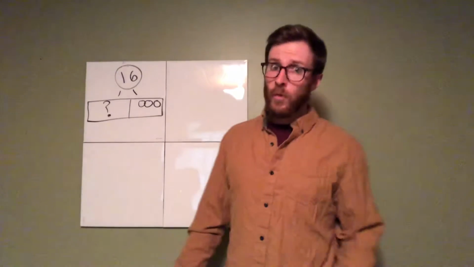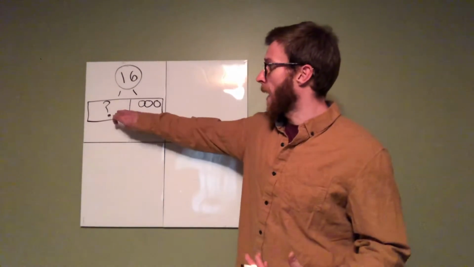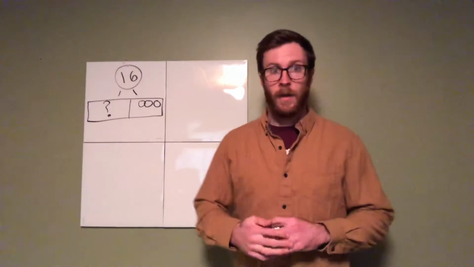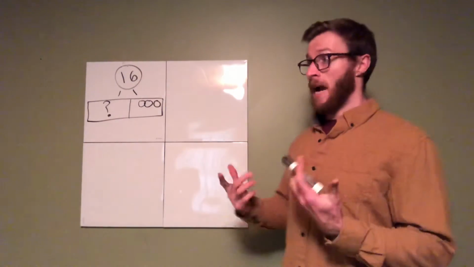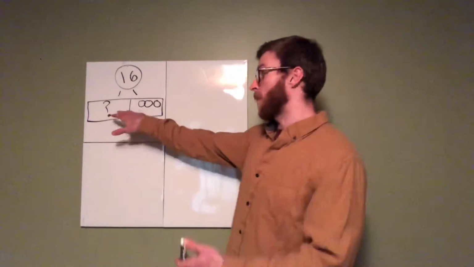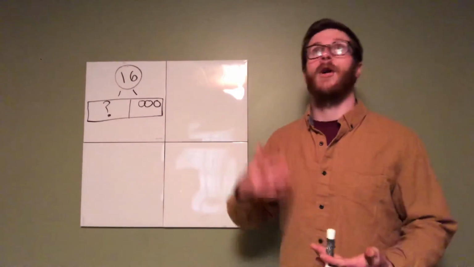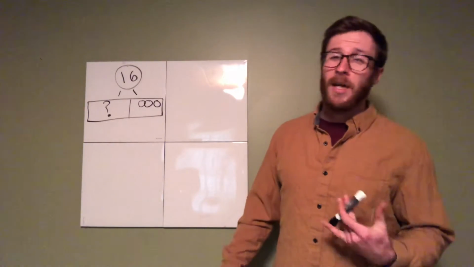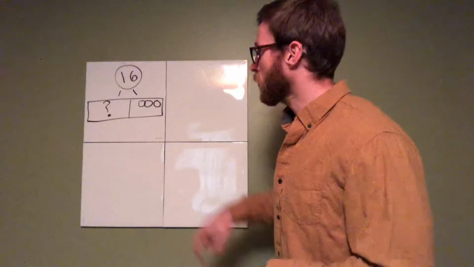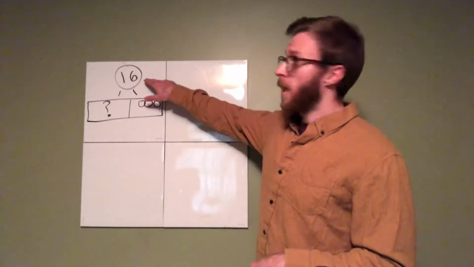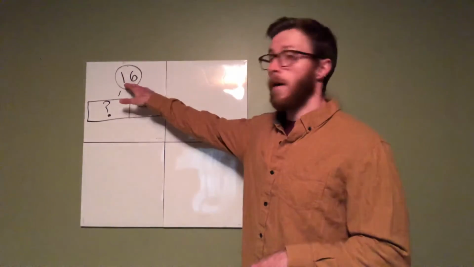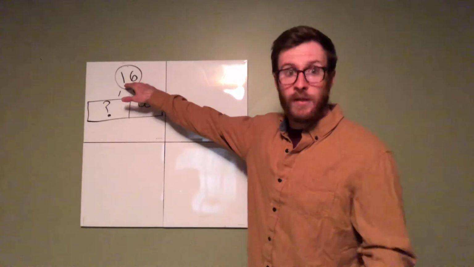Now, how are we going to find out how many goes in here? There's a couple different ways we could do it. One, we could count on from 3 up to 16, because 3 plus something gives us 16, and we can count all the way up to 16. But that's kind of a lot of counting, because 3 isn't super close to 16. Or, just like we've done with our number bonds, when we work in a circle, we can start with the whole and use a subtraction sentence.